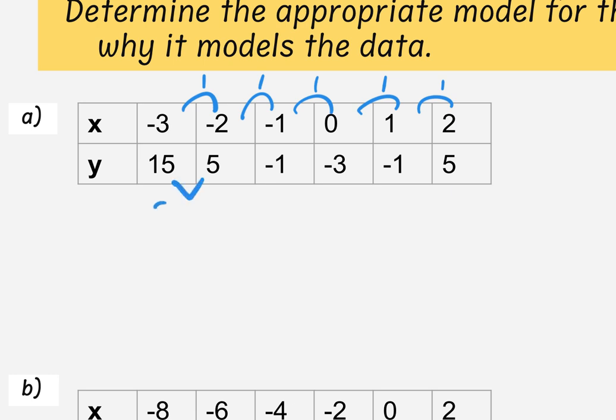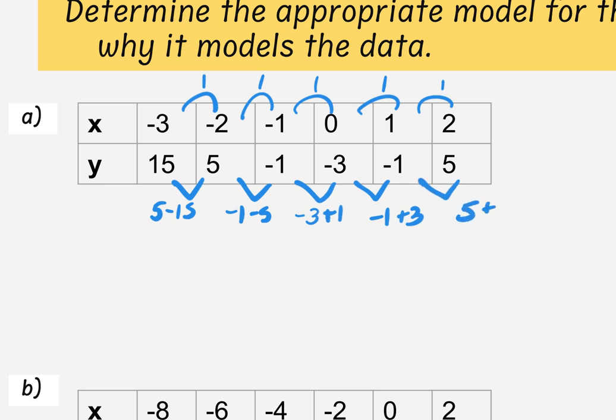So 5 minus 15, -1 minus 5, -3 minus a -1, -1 minus a -3, and 5 minus a -1. And I end up with -10, -6, -2, 2, and 6. Are those the same? No. If they were, it would be linear.